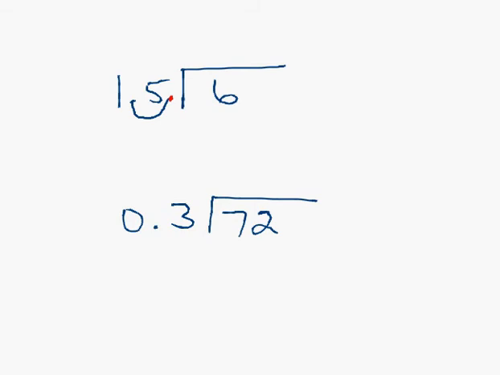But that means we have to move the decimal point on the inside as well. Assuming that there's a decimal point in front of the number 6, let's move it 1 place over. Okay? And this is where it would go. That means that we now have to add a 0.